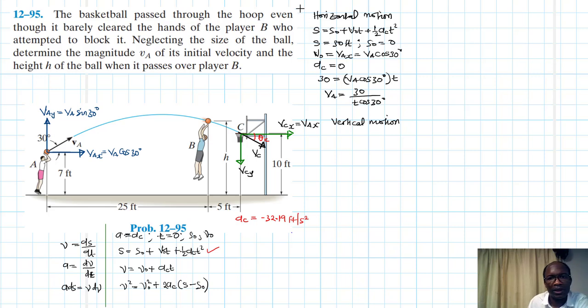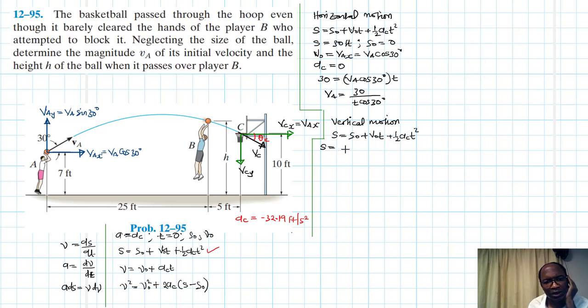We create a boundary like so. We are using the same equation: s is equal to s naught plus v naught t plus half a_c t squared.